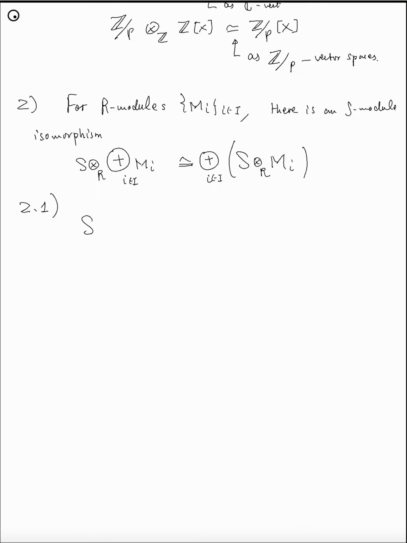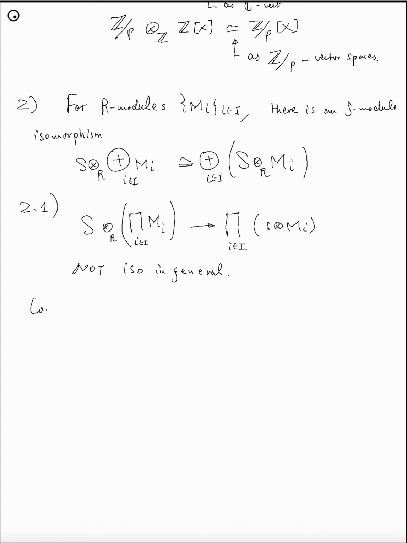We have a natural linear map, but we don't know if it's an isomorphism or not. In general, it's not. So, counterexamples.